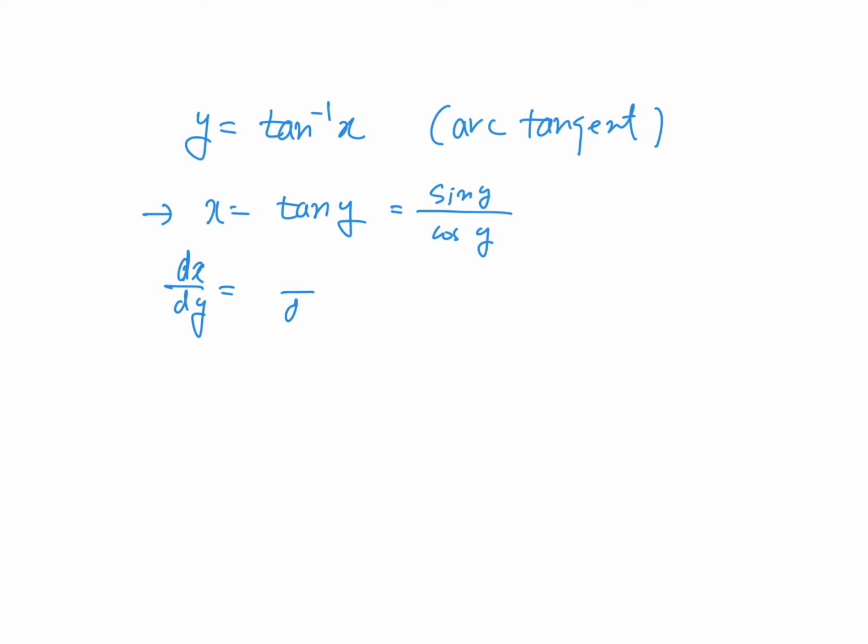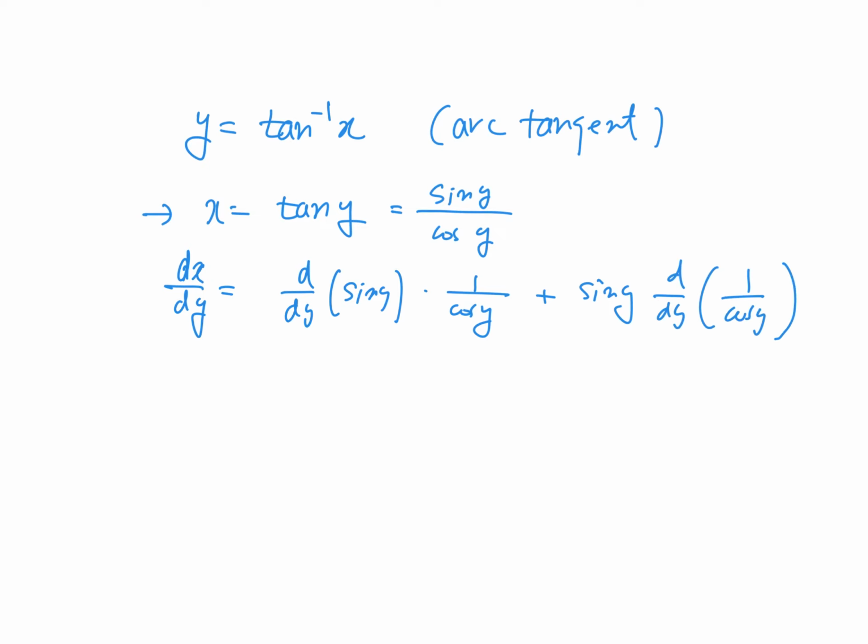So that is d/dy of sine y times 1 over cosine y. And since we have learned how to calculate the composite function's derivative, this is cosine y times 1 over cosine y plus sine y times minus cosine squared y, minus sine y.